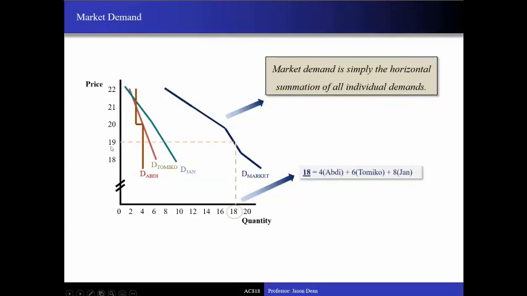If the price is $19, Abdi would want to buy 4, Tamiko would want to buy 6, and Jan would want to buy 8. So at a price of $19, the market quantity demanded would be 18, just the sum of each of these individual quantities demanded. You would do the same for every price, and that would trace out your market demand curve. Okay? Does that make sense? Everyone's good? Okay.